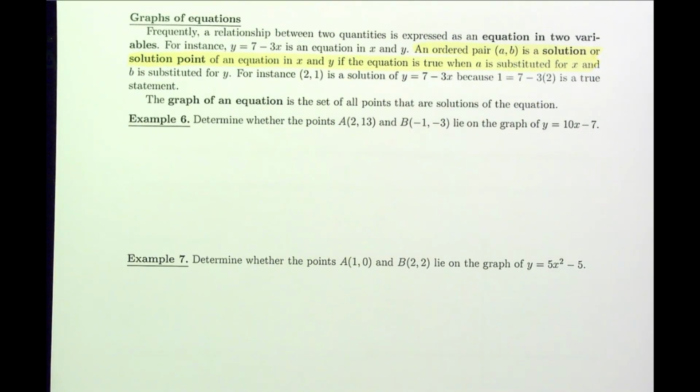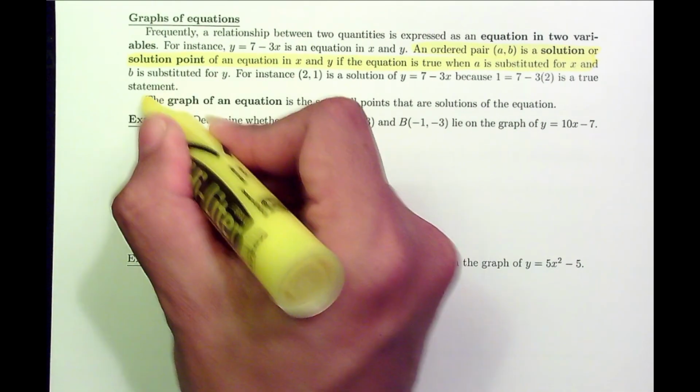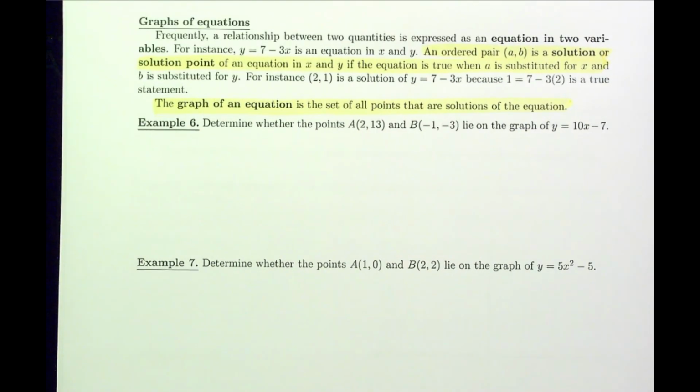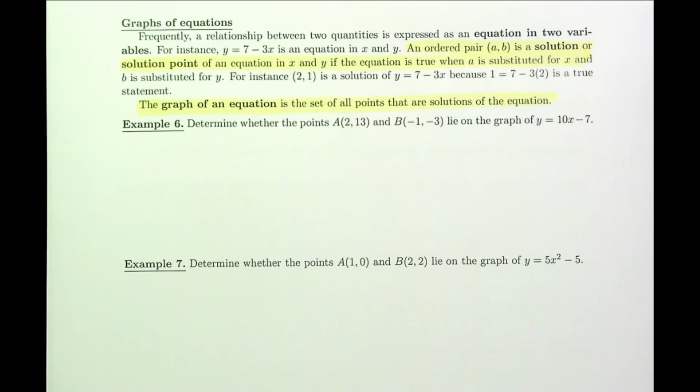If you get something that is true, that means that point is part of the graph and it is a solution. Okay, so the graph consists of all the points that are solutions of the equation. And if when you plug them in you get something that is false, then that point is not part of the graph. It is not a solution of the equation.